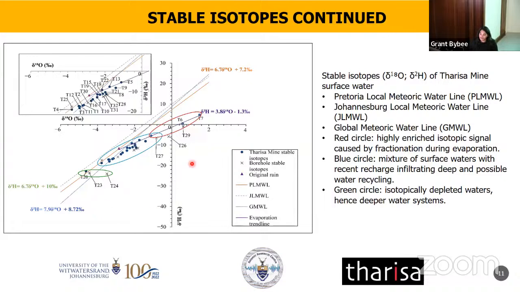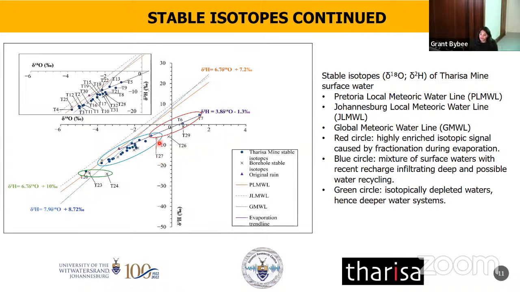Then what we also had was more enriched isotopes, with a higher concentration. So these are isotopes that are being exposed to fractionation. What happens during evaporation is that your heavier isotopes are left behind and your lighter isotopes get evaporated. That means that now you're going to have a more enriched surface water signature.